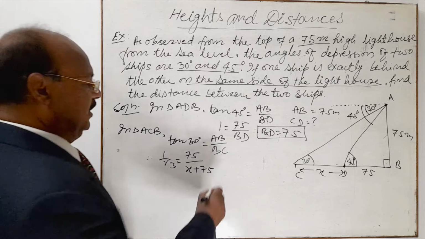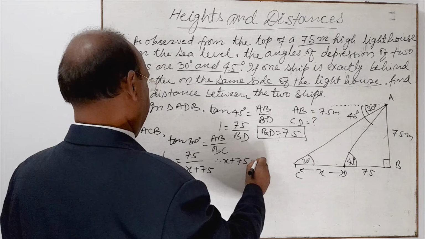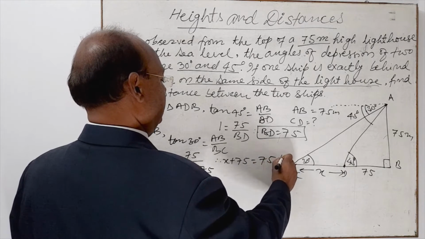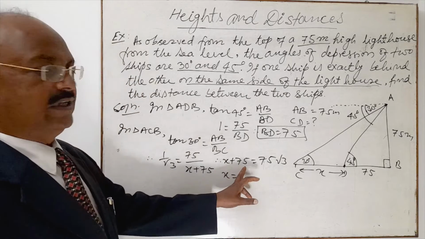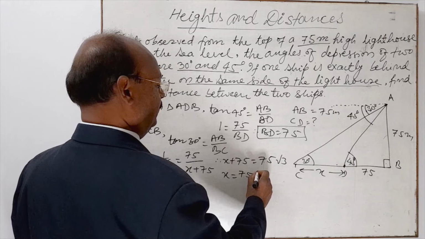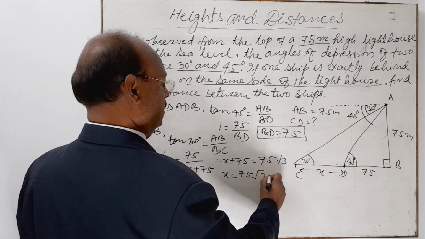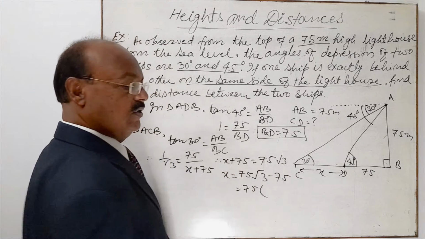Now let us try to get the value of X. So by cross multiplication, therefore X plus 75 is equal to 75 root 3 and X is equal to, we'll transpose this 75 to right hand side, so we'll get 75 root 3 minus 75. So this is equal to 75 will be common.